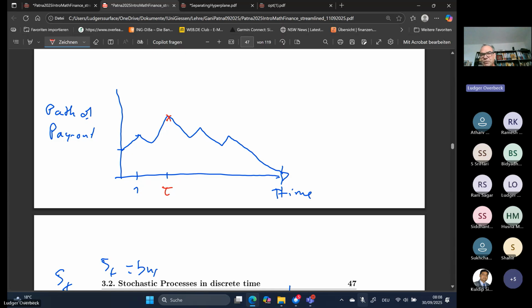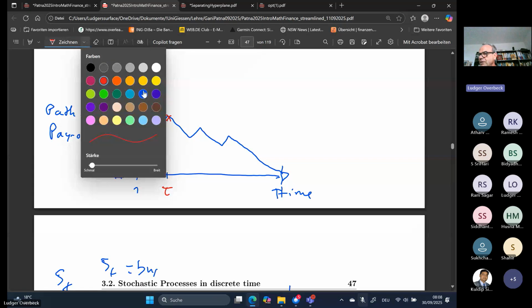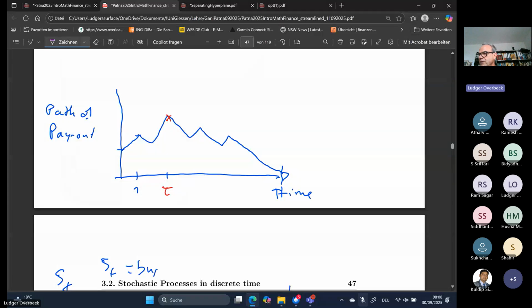To describe this one, we take all functions, make them like this. You take all functions which are above this one and which are decreasing.